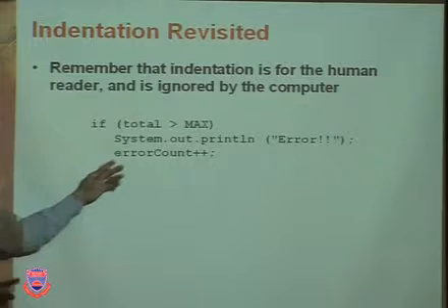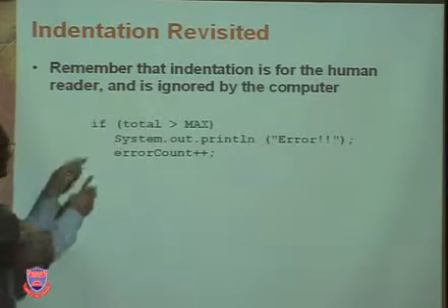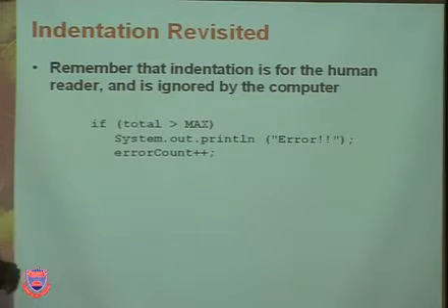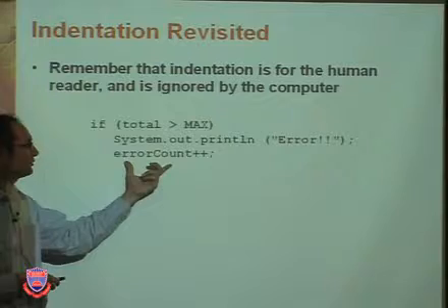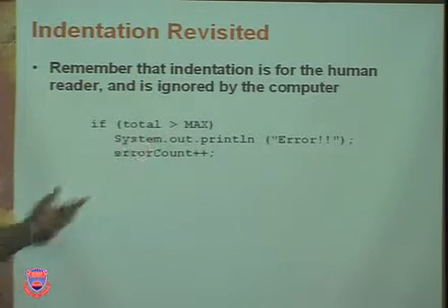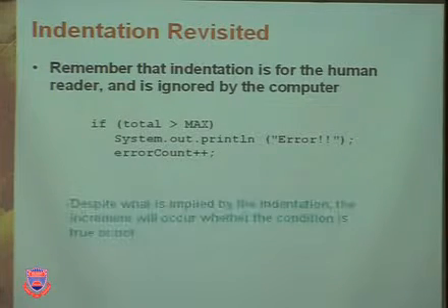So in this case, even though the programmer probably meant to have all these things in one block of statements, it's not going to happen like that. For every iteration, it's going to increment error count by 1, even if this condition is false. So you should be careful with indentation. It's only for human beings to see and understand what the programmer is trying to write.